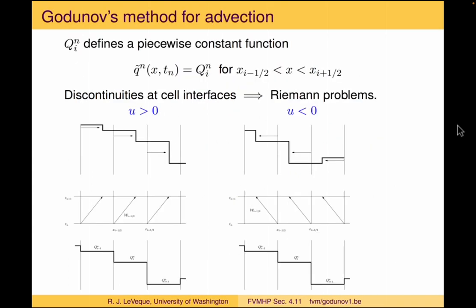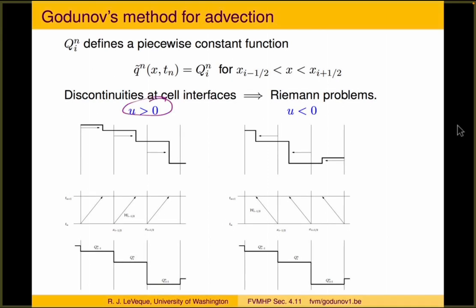So again, if we look at advection, then in the pictures here, there's one case for u positive, the other for u negative, but in each case, the bottom figure shows this piecewise constant function that's been defined based on the cell averages. The middle figure shows how that evolves. In the case of advection, it simply shifts to the right if u is positive, for example.